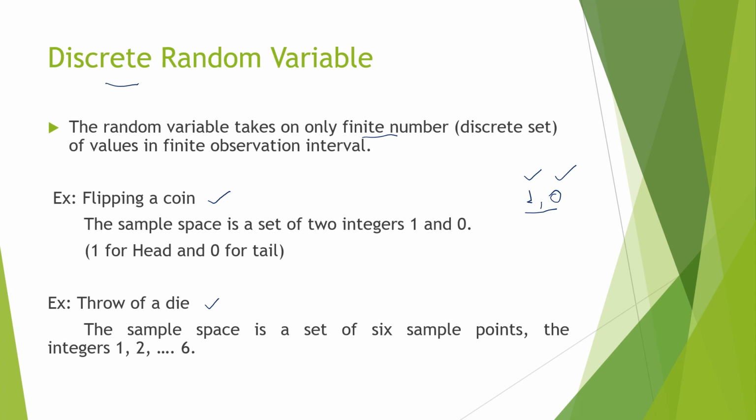The sample space consists of 6 outcomes: 1, 2, 3, 4, 5 and 6. The random variable can take any one value out of these. So there are only 6 discrete values. So these two are good examples for a discrete random variable.